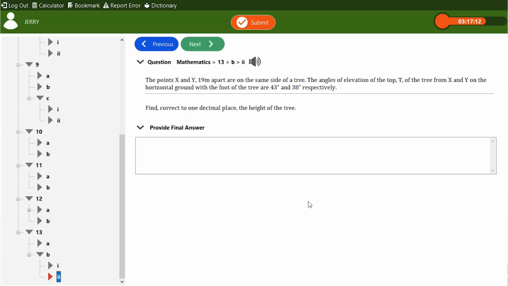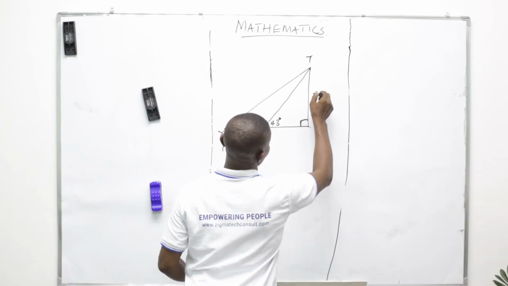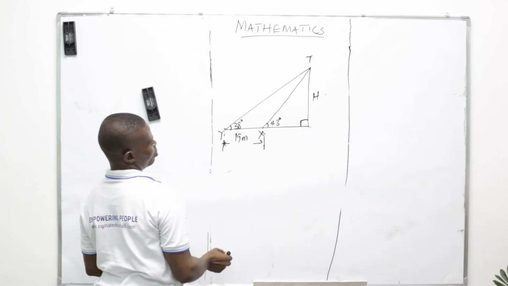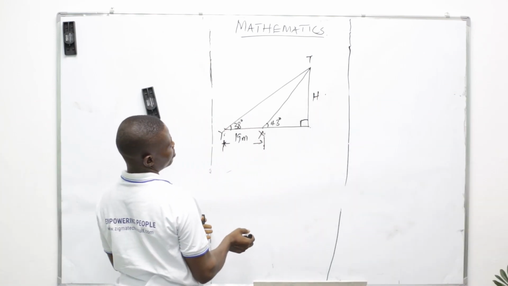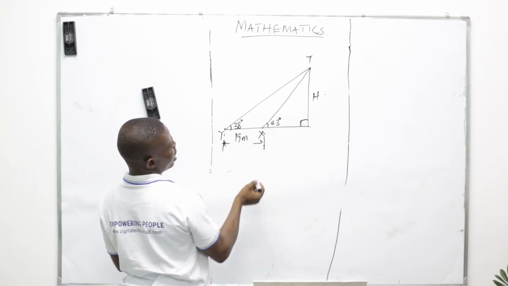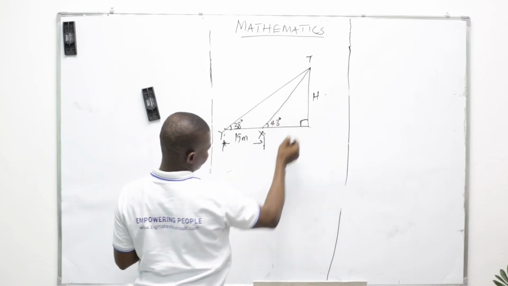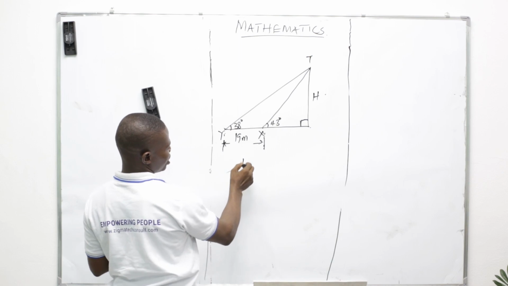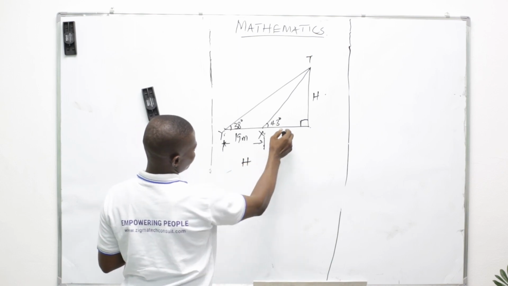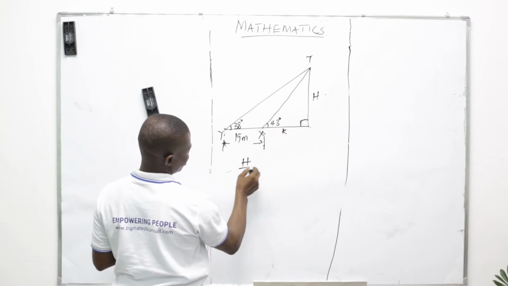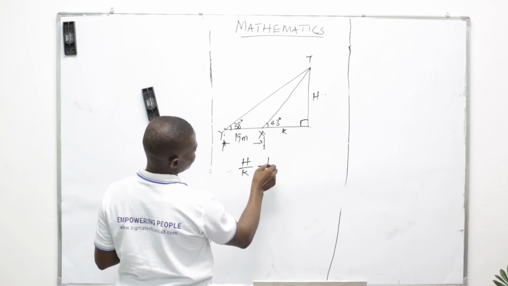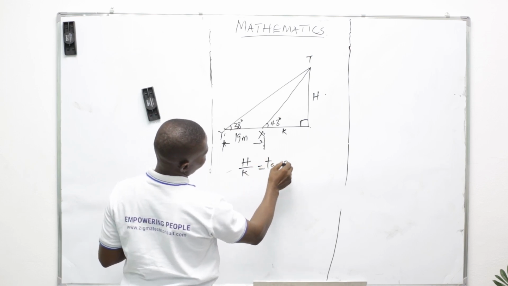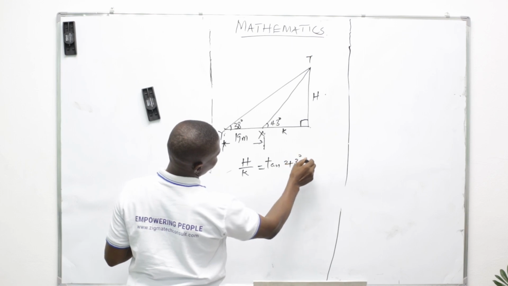Now let the height be who? H. I write H. Yes, I'm free to say, if I see this as my first diagram, H all over, I don't know here, I will call it K. H all over K equals tan 43 degree.